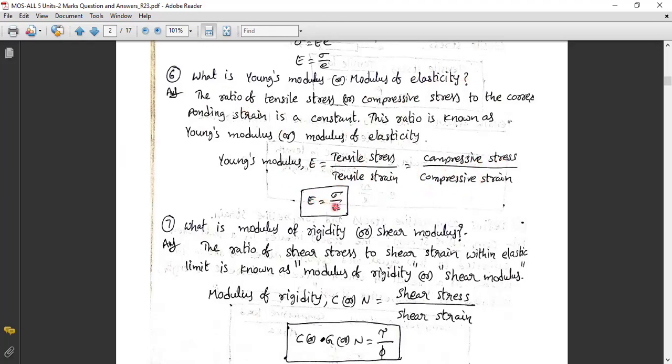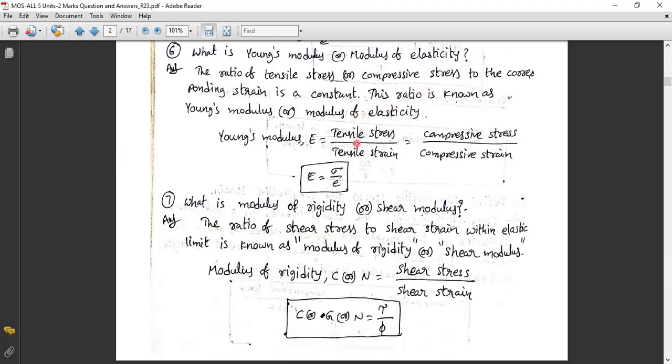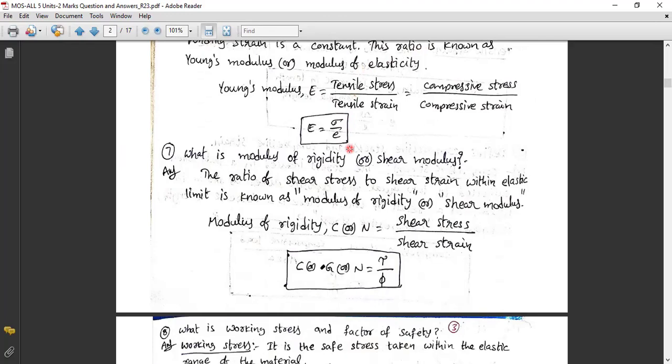Young's modulus E is equal to sigma by e. So let me take the definition. The ratio of tensile stress or compressive stress to the corresponding strain is a constant. This ratio is known as Young's modulus or modulus of elasticity.